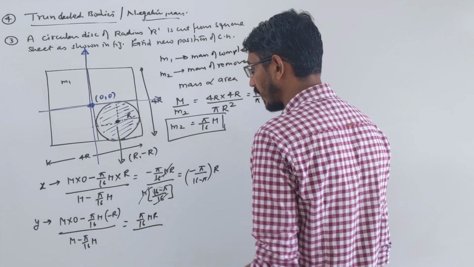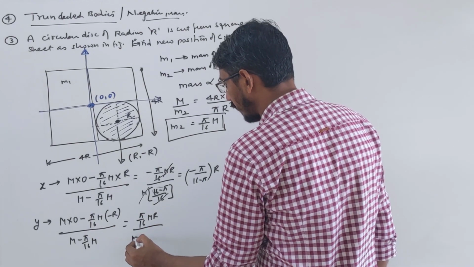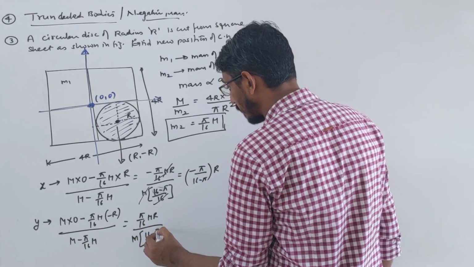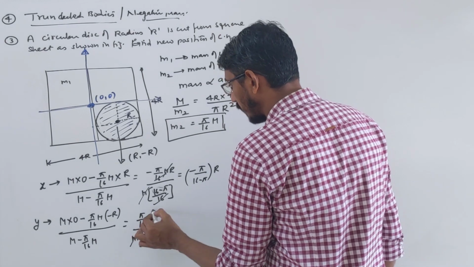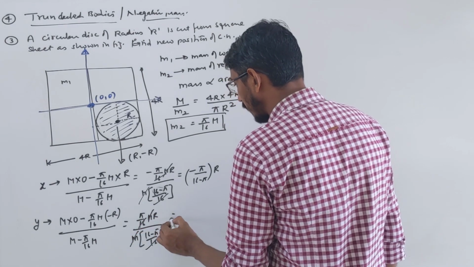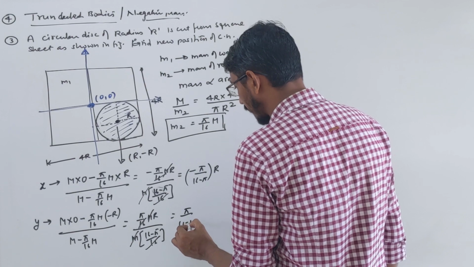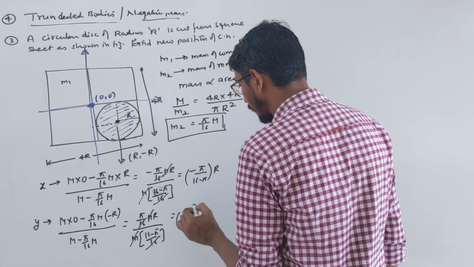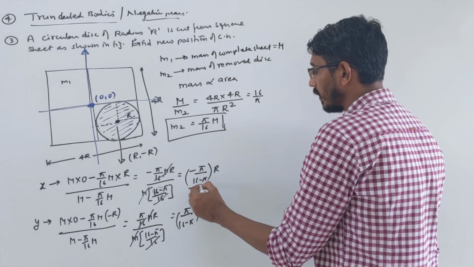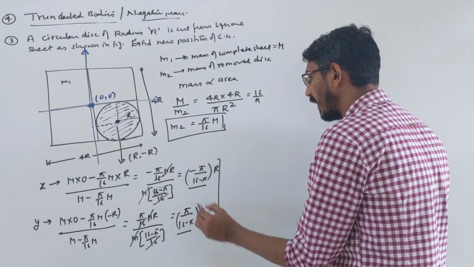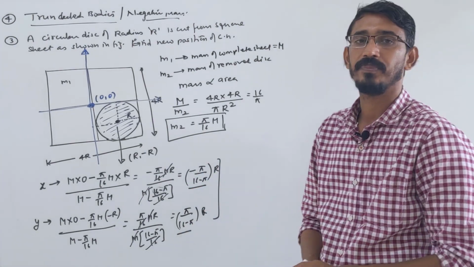In the same way, M you take common, then you get 16 minus pi by 16, M goes here, 16 goes here, and you get pi by 16 minus pi into positive R. The x term is negative and the y term is similar, and that's your x and y coordinate of this system.